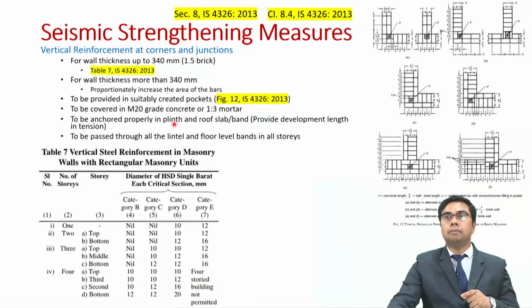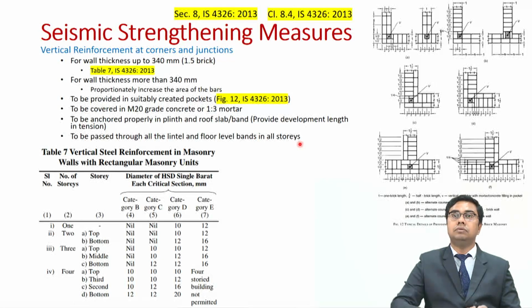How do you anchor it properly? You end up providing sufficient development length in tension, and this has to pass through all the lintel and floor level bands in all stories. So, this very pocket is throughout the height of the building.